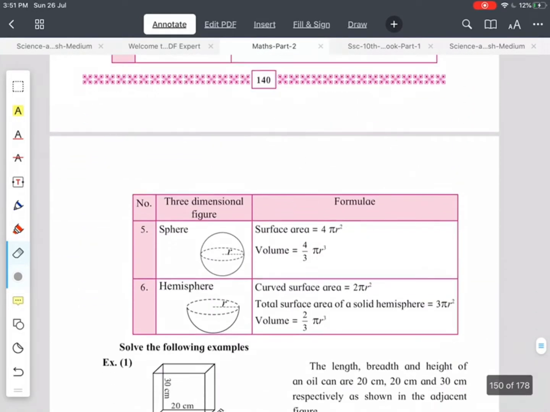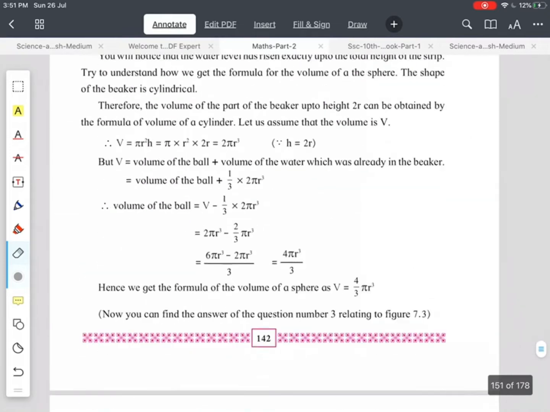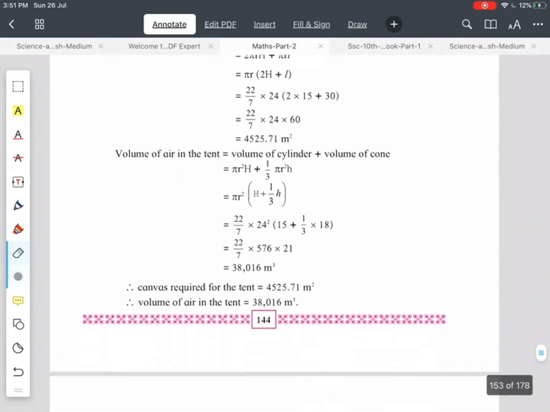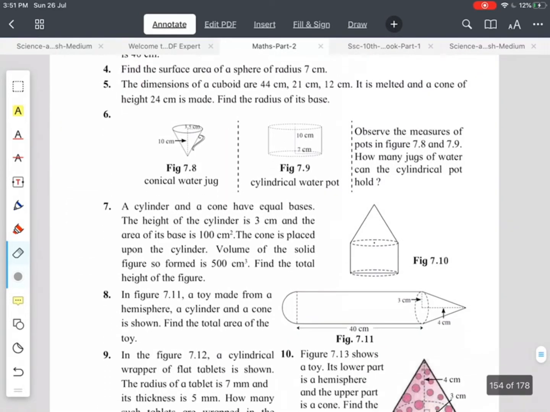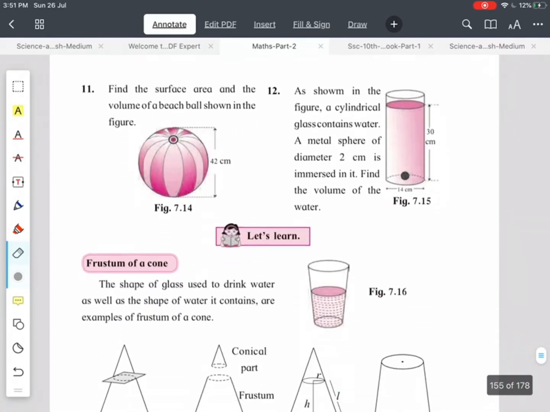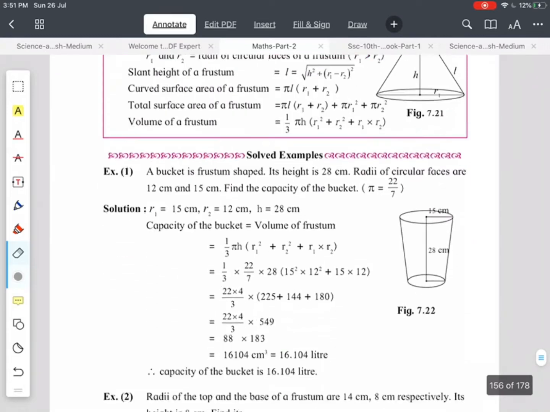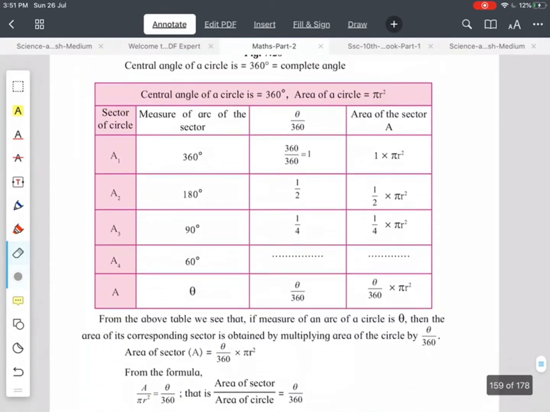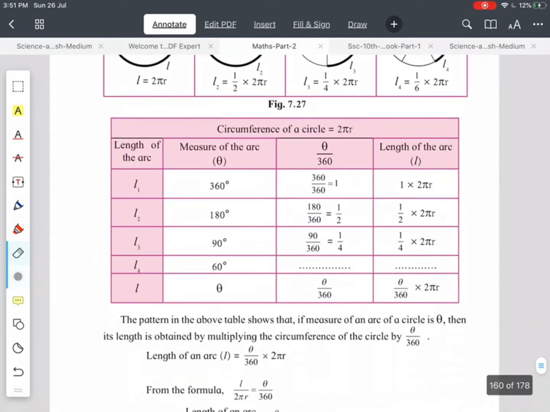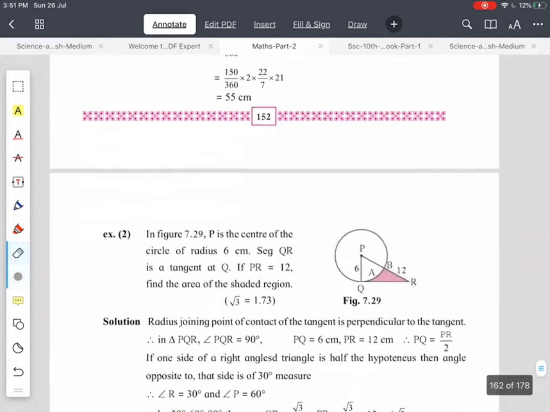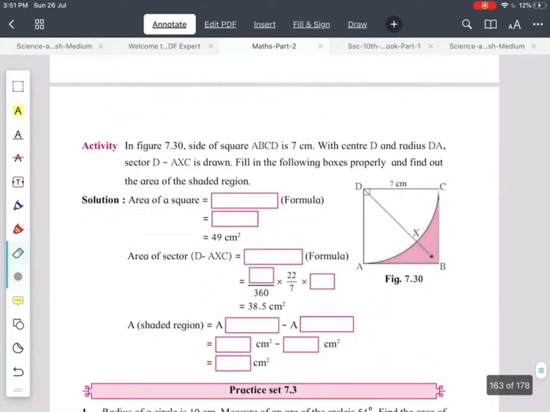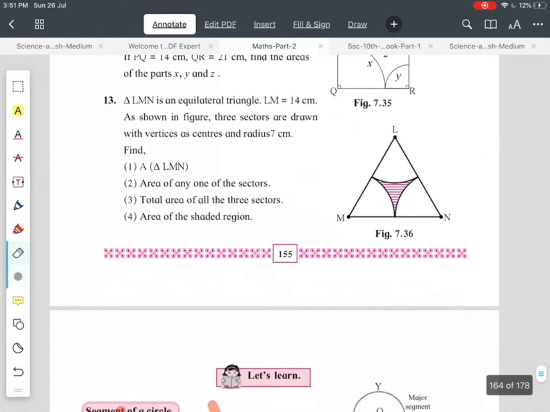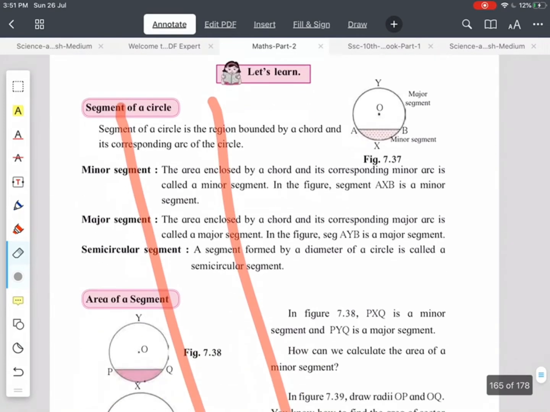Mensuration: some part which we studied in the previous class is there, but they have made a change. The portion which is omitted is the segment. That is the last part, the segment of a circle, omitted from this last chapter, mensuration.